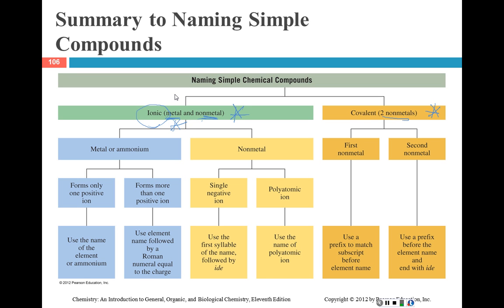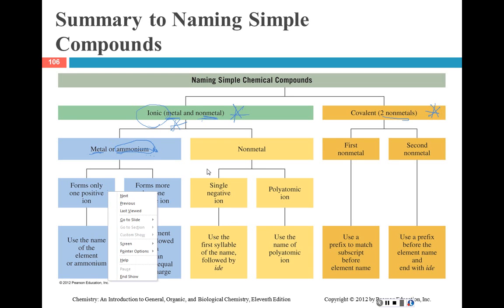So if you only have things from the right side of the periodic table, it's a pretty good bet that it's covalent. When you name ionics, the only polyatomic positive ion is going to be ammonium, so it'll either be the metal name or ammonium if it's NH4. They will only form positive ions, okay?